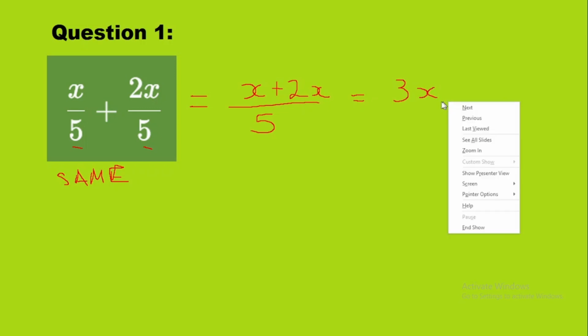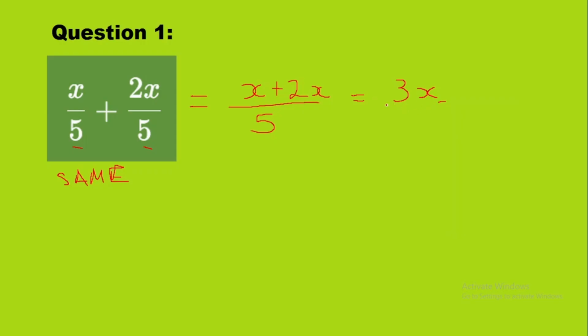over 5. Now some persons may be wondering, what do you mean by like terms? The reason why we have 3x here is because we add the like terms.